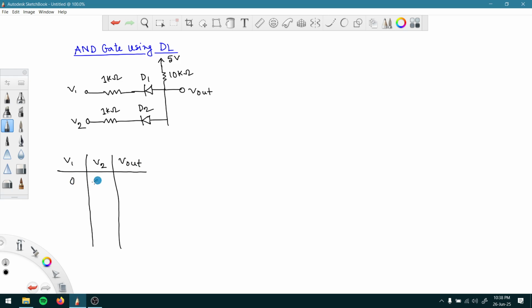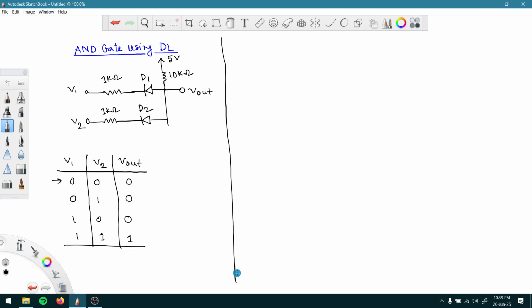So 0 0, 0 1, 1 0 and 1 1 are the possible input values we have, and for those cases we know that only when all of the voltages at input are logic high, then we are going to get a logic high output, and for all of the other cases we should get logic 0. So this is the truth table we have got, right? And for all of the cases we have to verify that this circuit works properly.